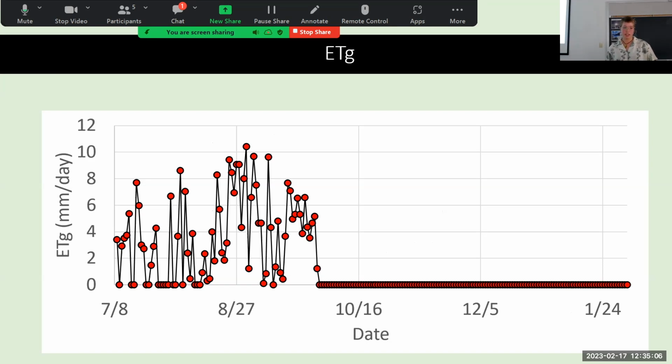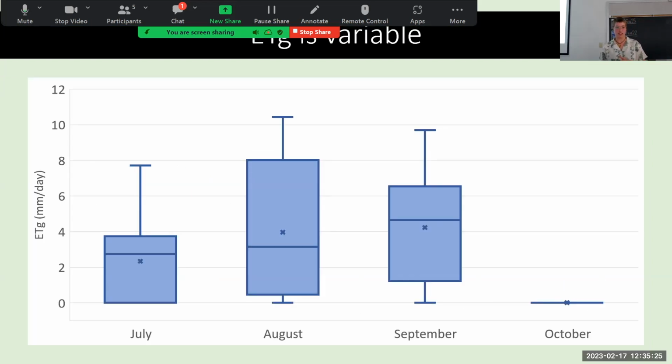So you can see it's pretty variable, but generally you see that evapotranspiration is happening in the summer months, and then when it hits October, it pretty much drops off, which you can see a little clearer here. And again, it's variable, but it's pretty evident that it's happening.